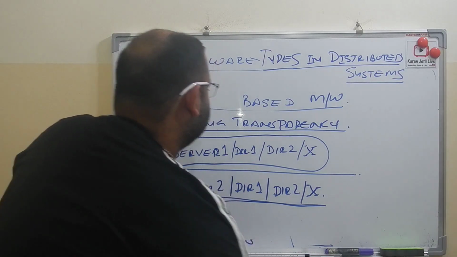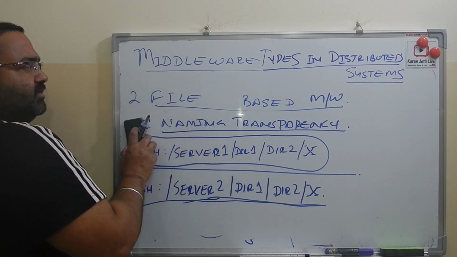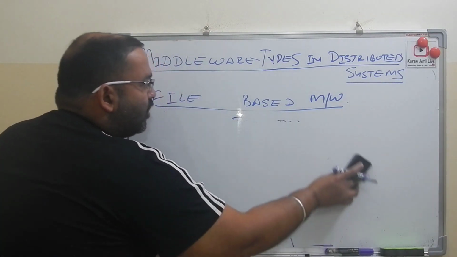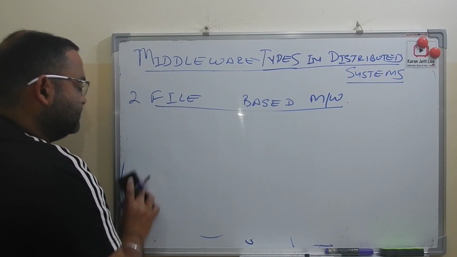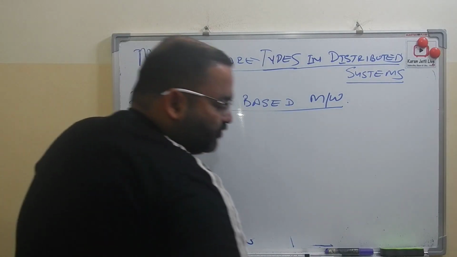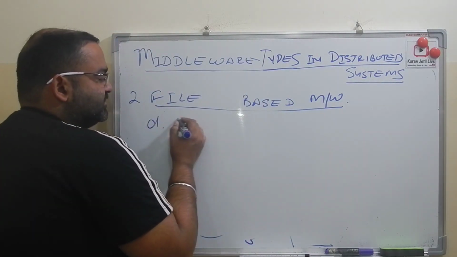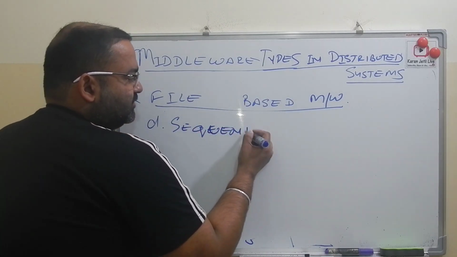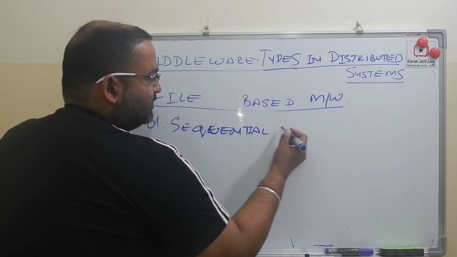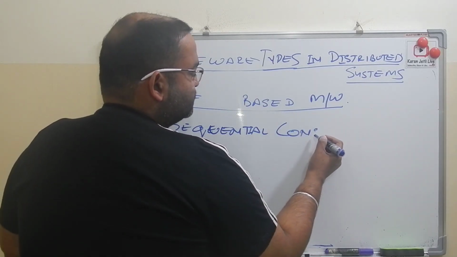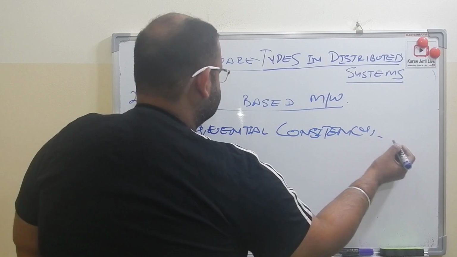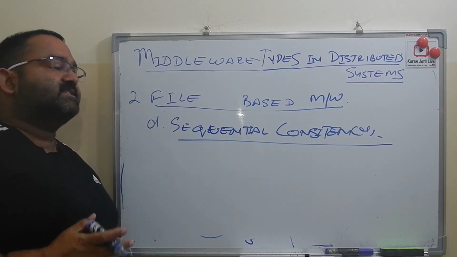And guys, the last issue which comes in file based middleware is called sequential consistency.